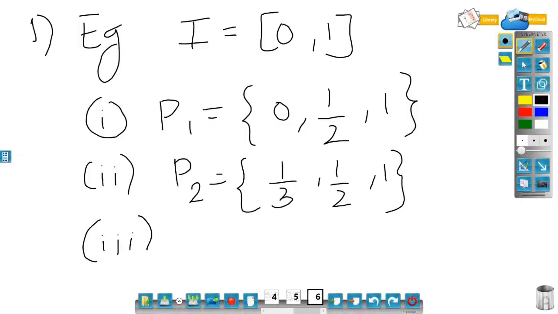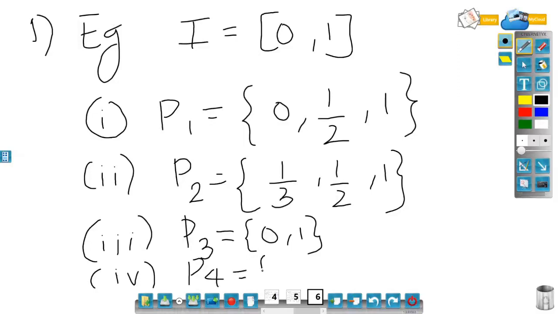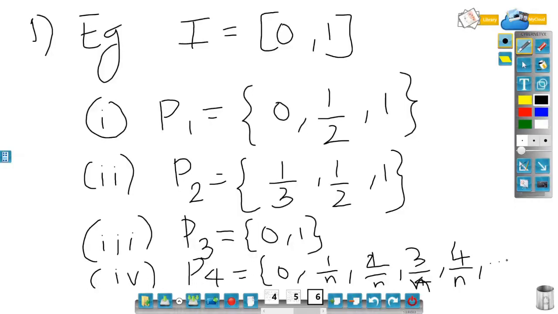Third, P3 is equal to {0, 1}. And the fourth one, P4, is equal to {0, 1/n, 2/n, 3/n, 4/n, ..., n/n}, which is equal to 1.